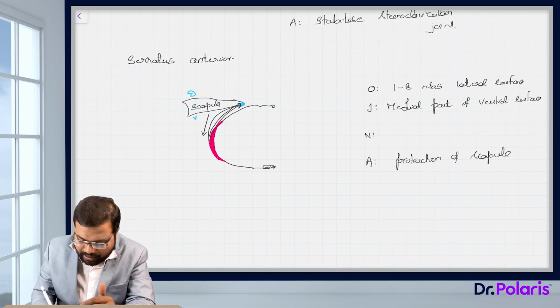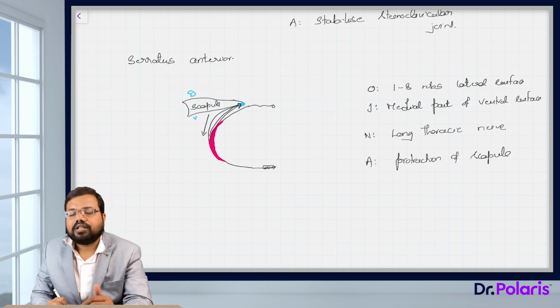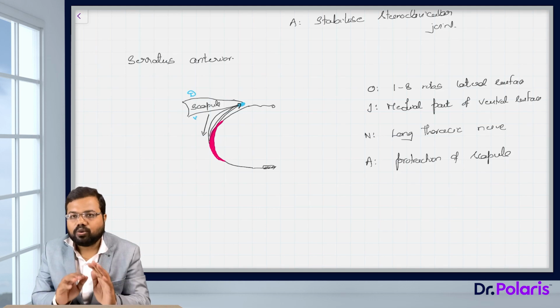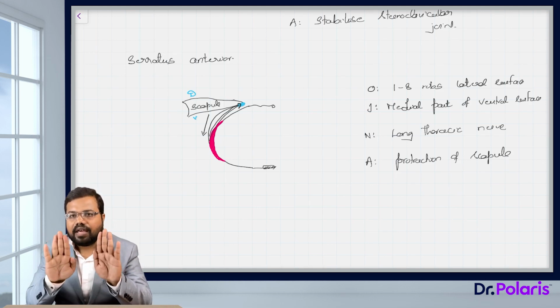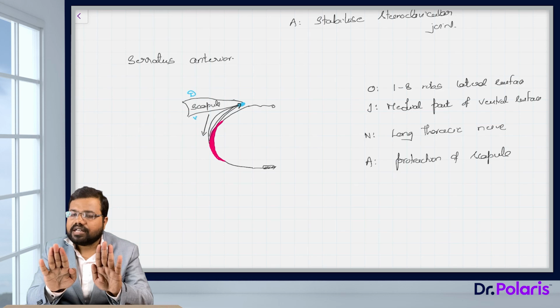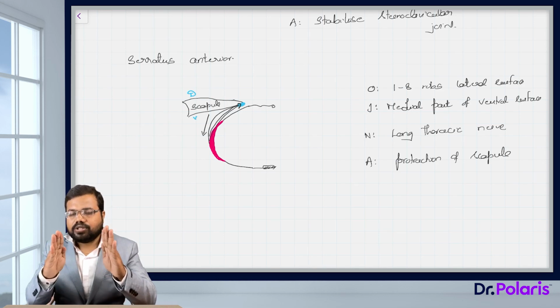The nerve supply is the long thoracic nerve. See the medial borders: we have two scapulas. This is the medial border of the left scapula, this is the medial border of the right scapula. They are kept in position by the pull of serratus anterior. Whenever there is damage to the long thoracic nerve, serratus anterior will be paralyzed. Once paralyzed, the medial border will be raised on the posterior side.